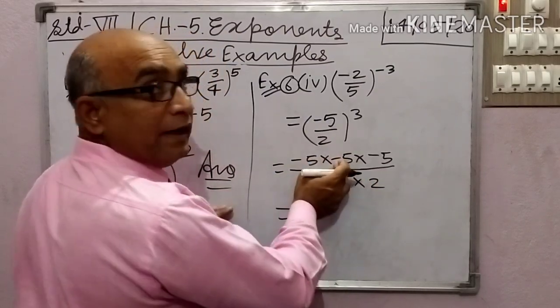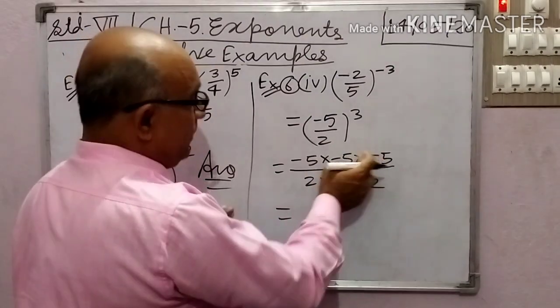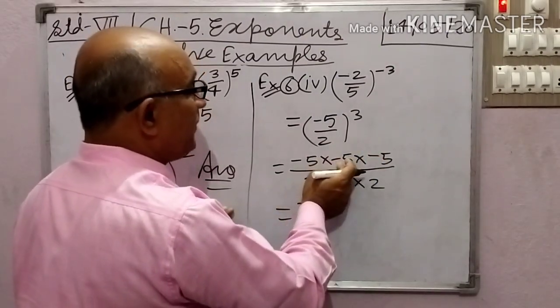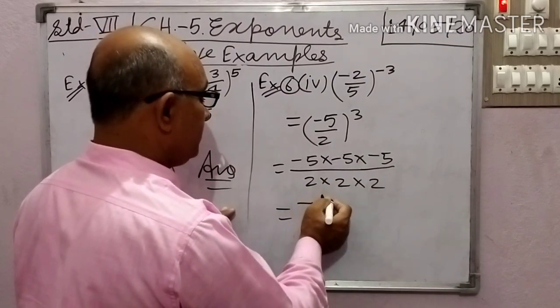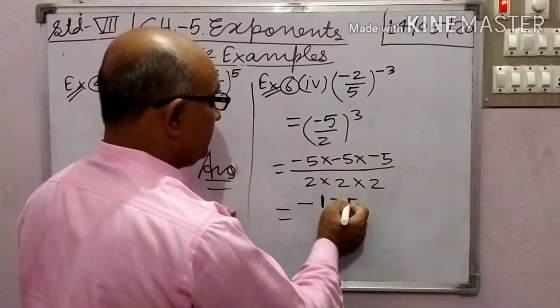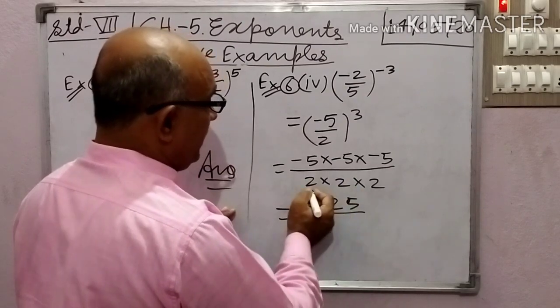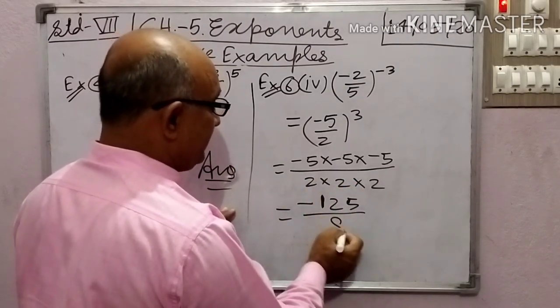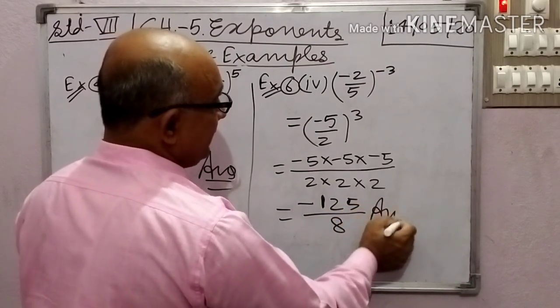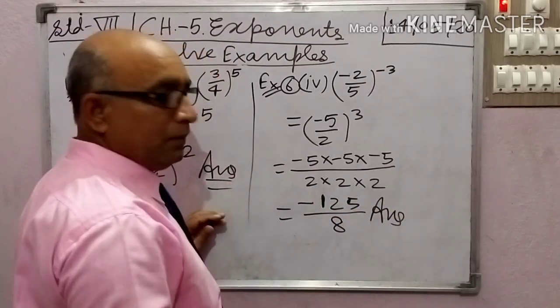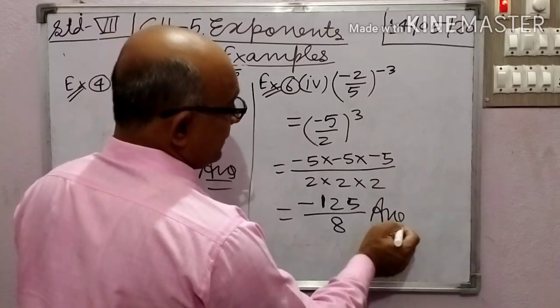Minus into minus is plus, plus into minus is minus. 5 5s are 25 and 25 5s are 125. 125 by 2 into 4 into 8, so minus 125 by 8. It is in the rational number form. Answer, write it.